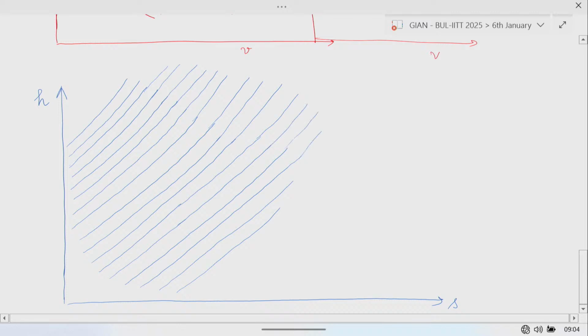Here this is the low pressure, this is the high pressure.